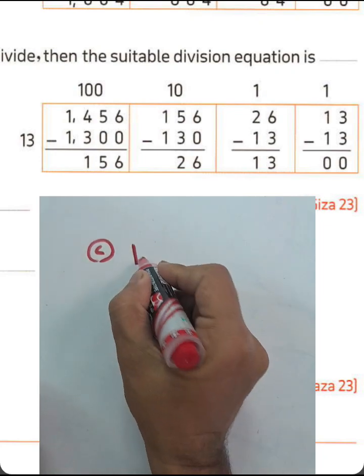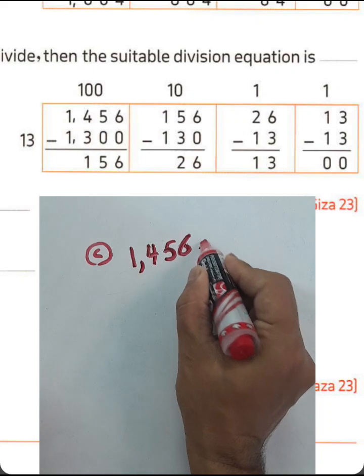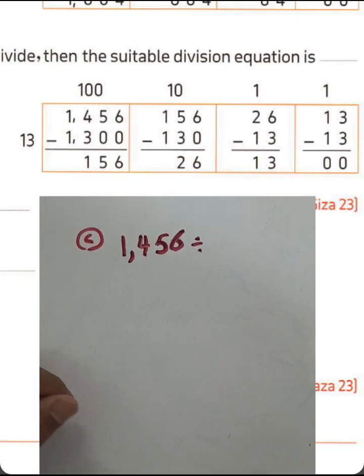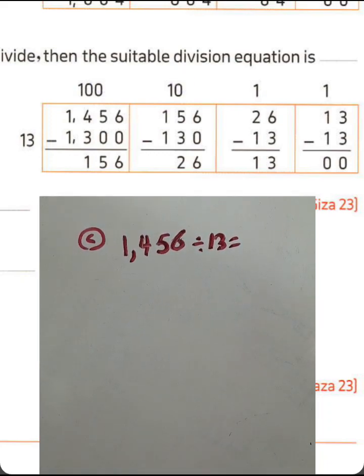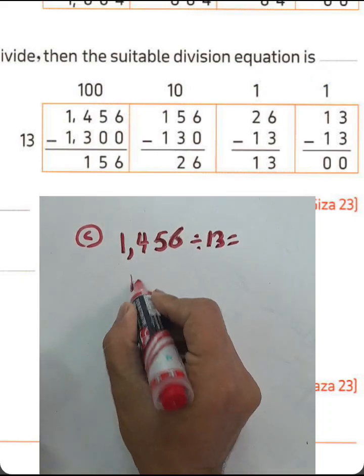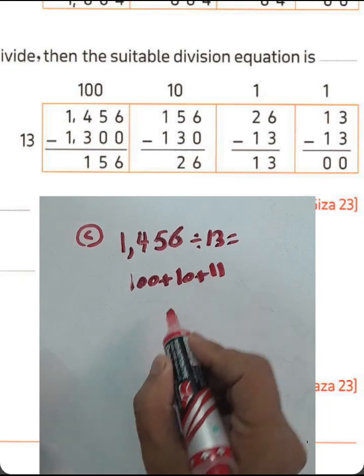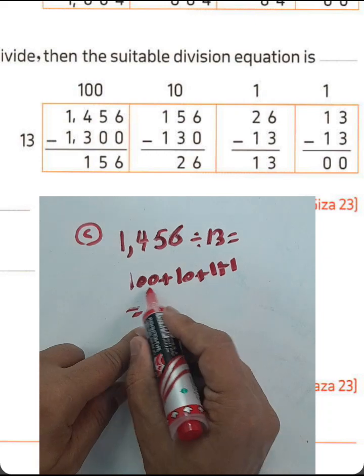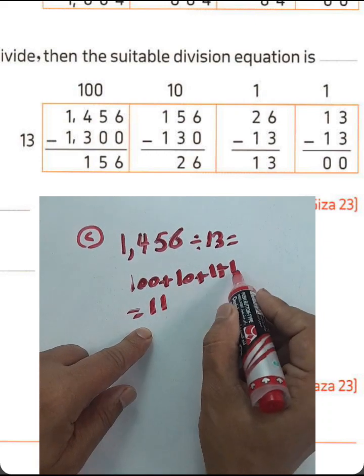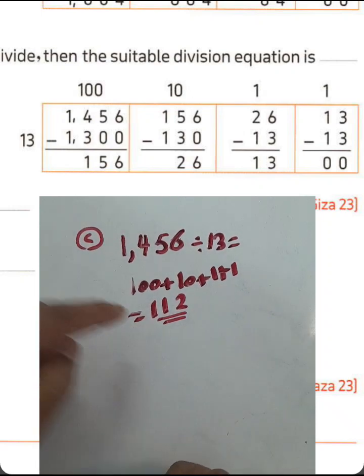You must write 1456 divided by 13, the divisor. And the quotient here is 100 plus 10 plus 1 plus 1. The result will be 100, 1 in tens, 1 plus 1 equals 2. So the result will be 112.